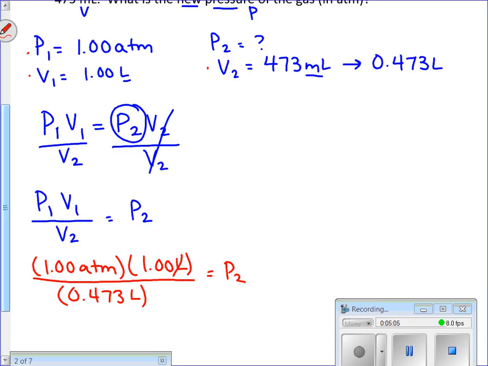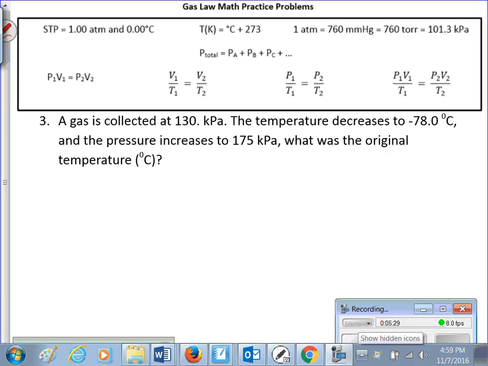My liters will cancel, and I have an atm, a pressure unit, left over, and that's what I want because I'm solving for a pressure. So if you multiply the top and divide by the bottom, you get 2.11 atm as your new pressure. Okay? All right, moving on, next problem.